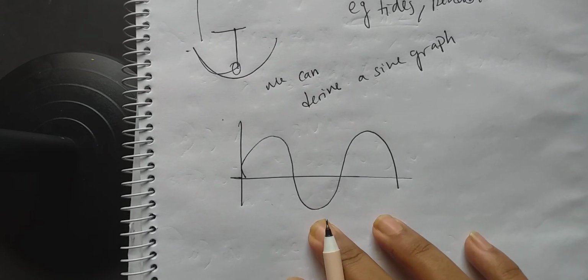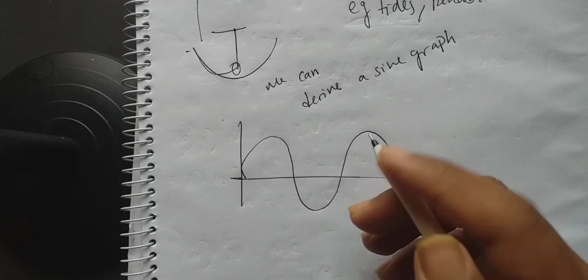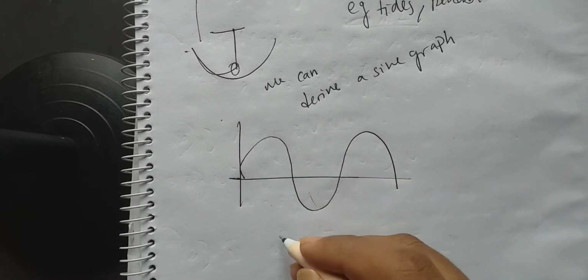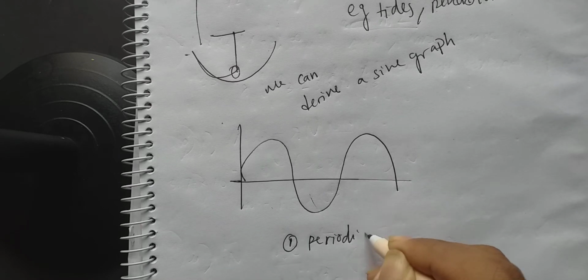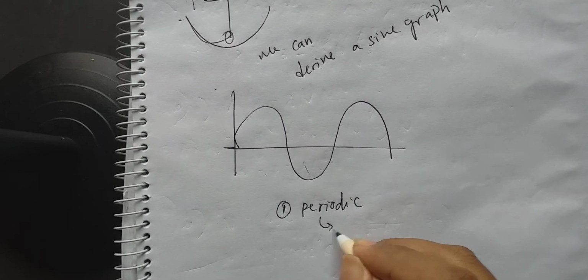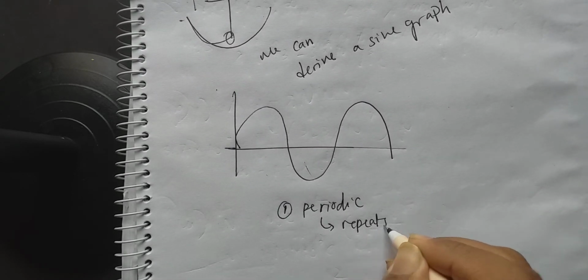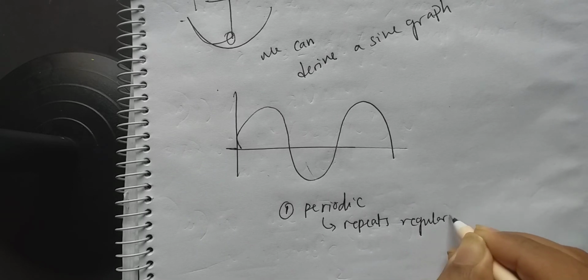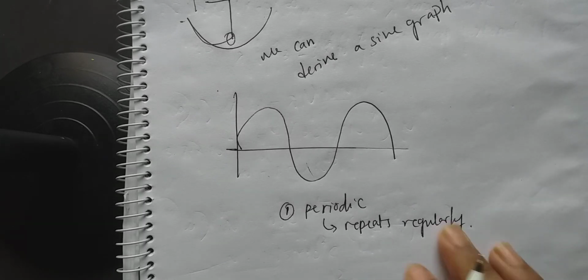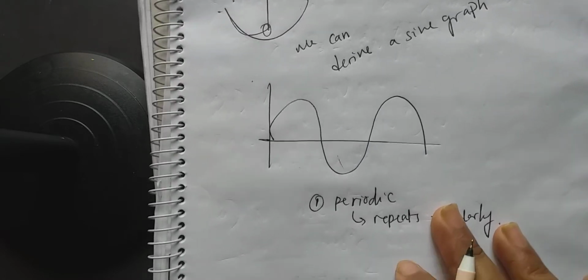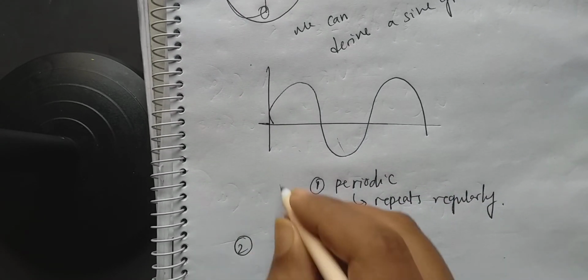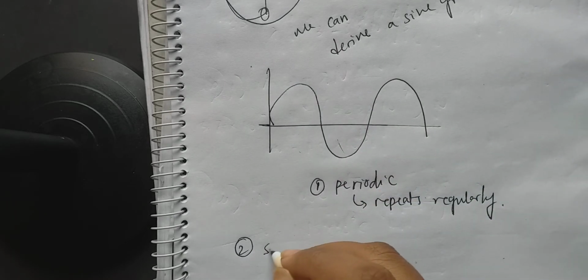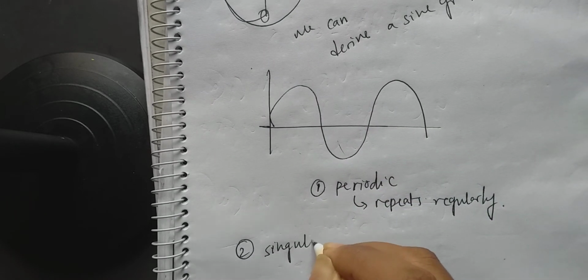So what we see is that the motion is periodical, meaning that it repeats regularly, and the other thing you will notice is that the equilibrium position is a singular equilibrium position.